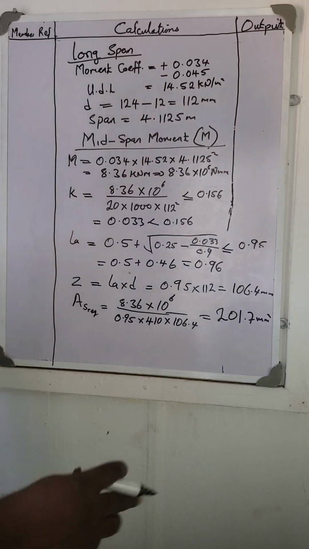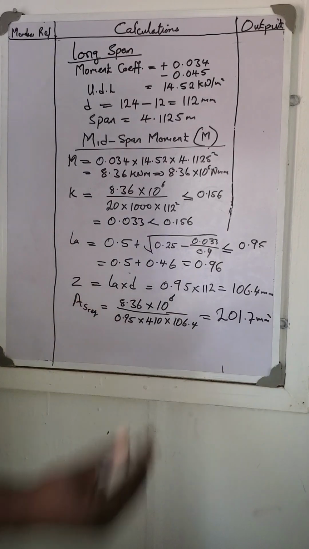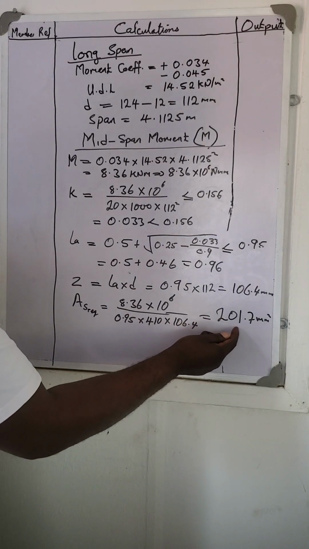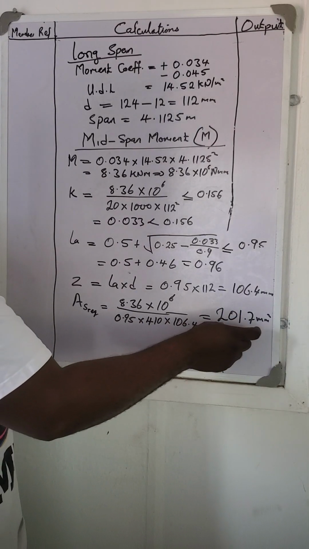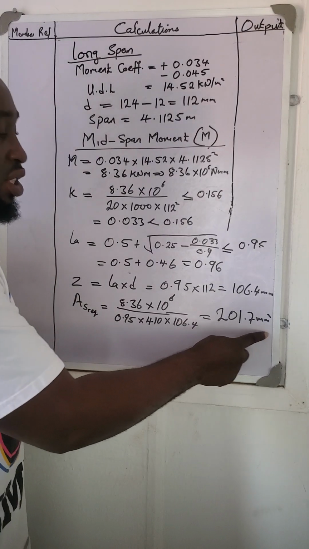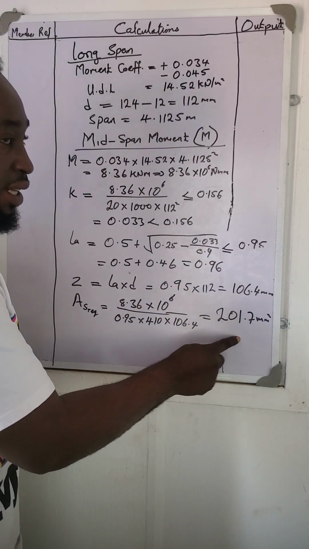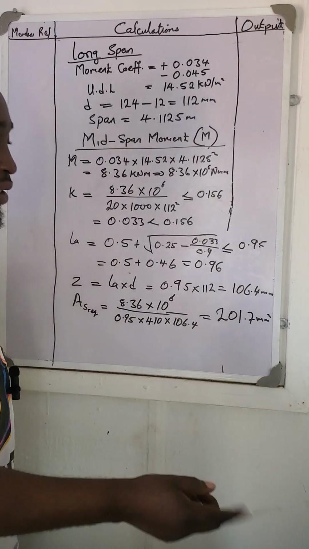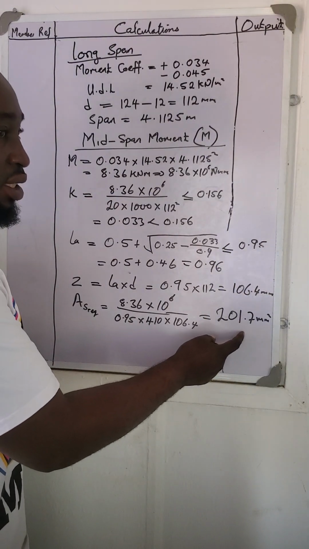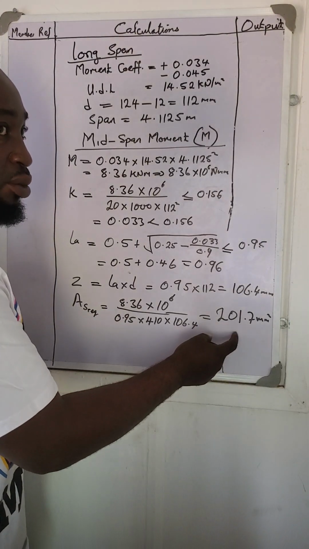Now you go back to the steel table to provide. The least value of area we have there is 377. Under normal circumstances, I was supposed to provide that 377. But again, we are also talking about the strength and the standard size of steel we have.